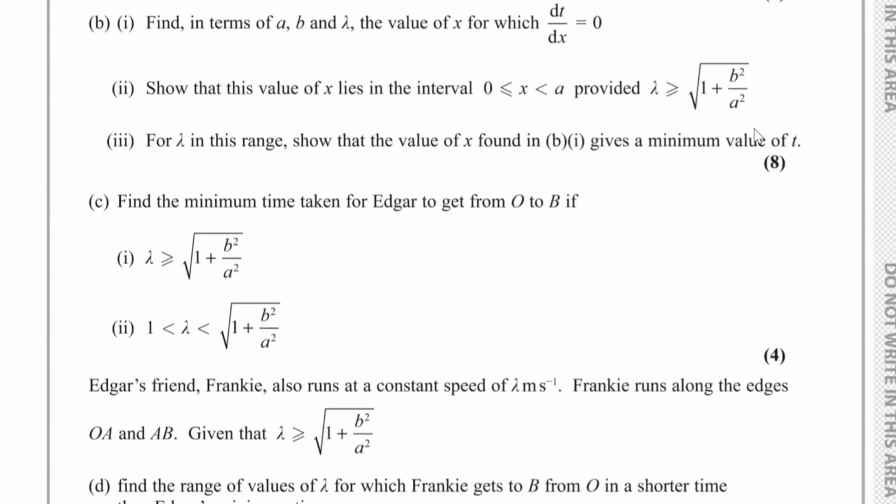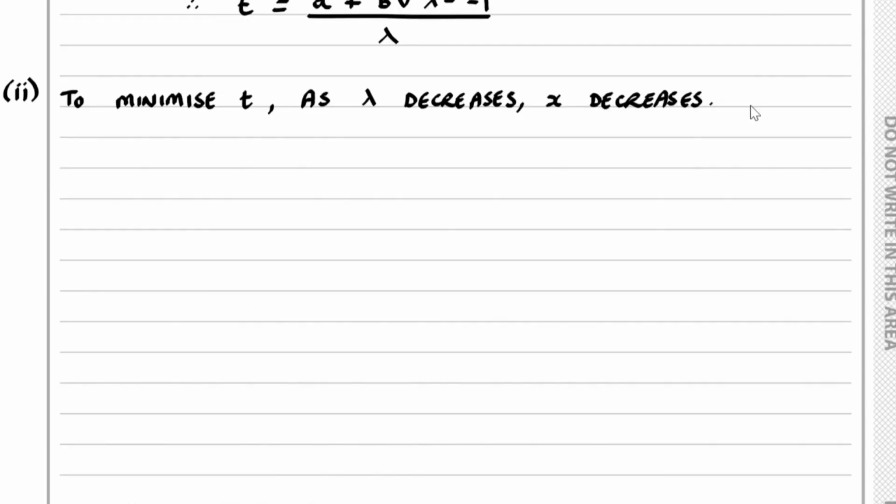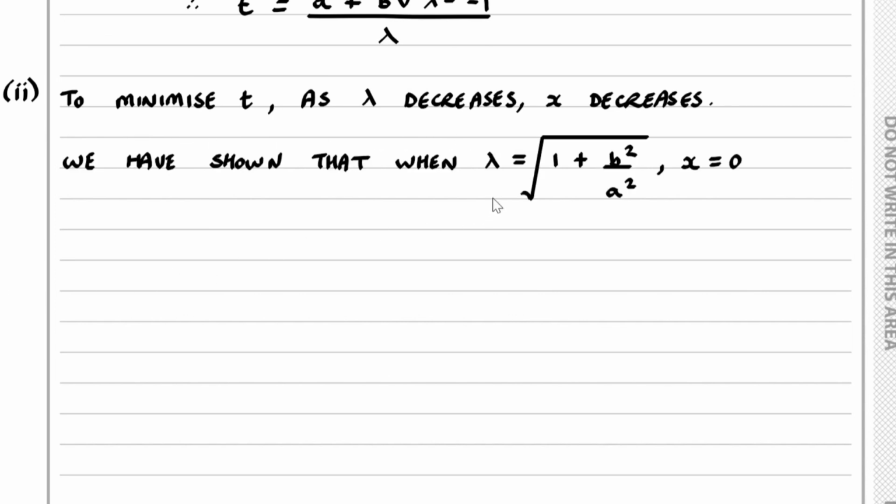Now we have to find the minimum time taken to get from O to B if lambda is in between 1 and the square root of 1 plus b squared over a squared. So the way to think about this, so to minimize t, as lambda decreases, x decreases, and we have shown that when lambda is equal to the square root of 1 plus b squared over a squared, x is equal to 0.